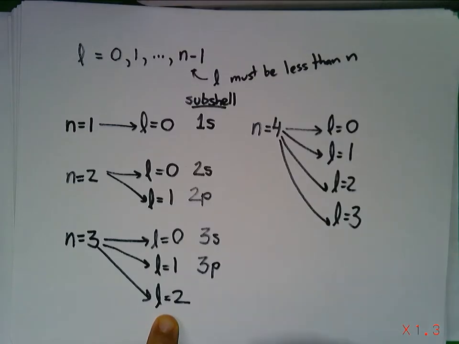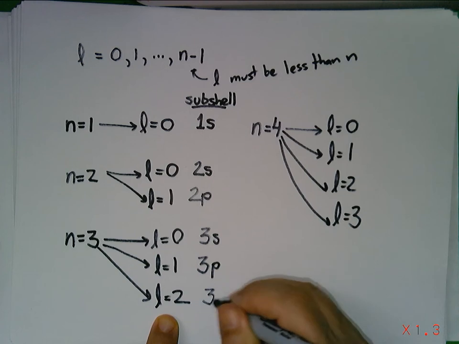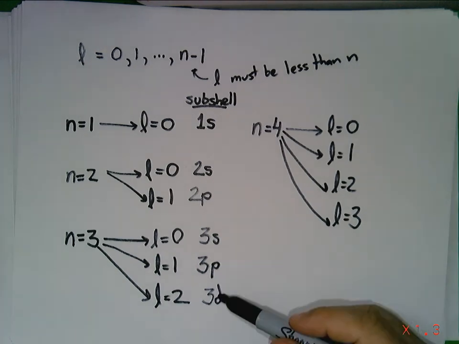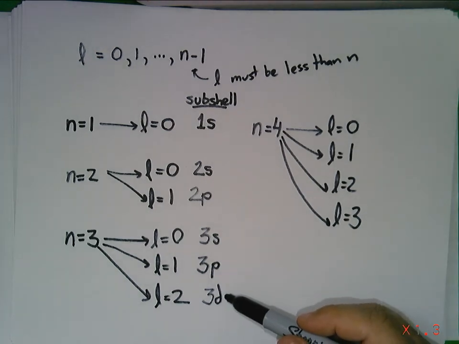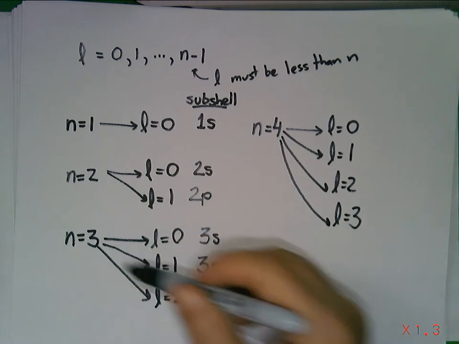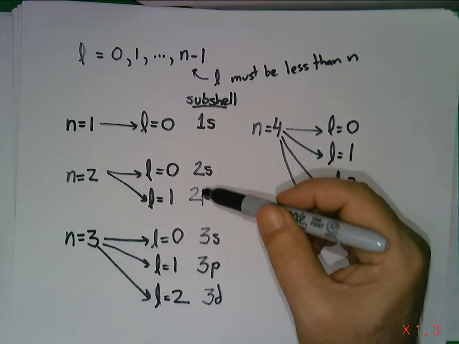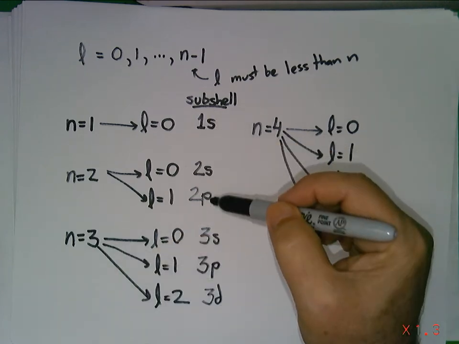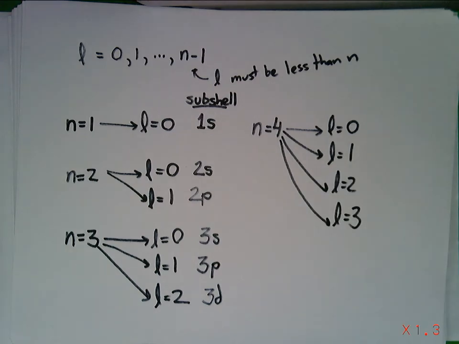So this is a 3d orbital. So notice that you only get these d waves, these cloverleaf-shaped waves, when you're in the third shell or higher. There are no d orbitals in the first and second shells.